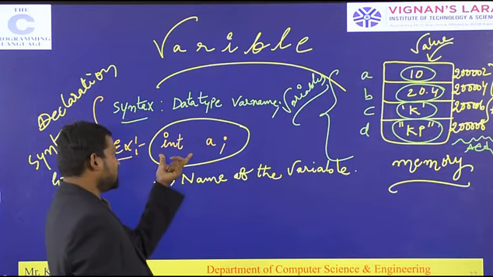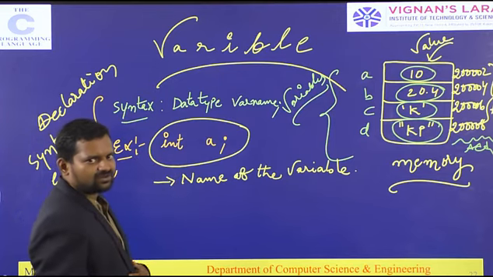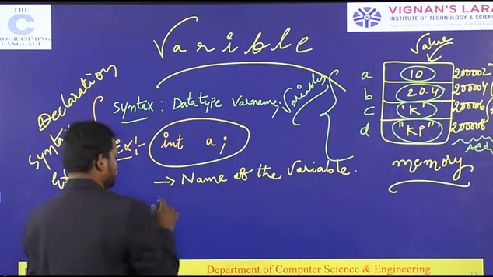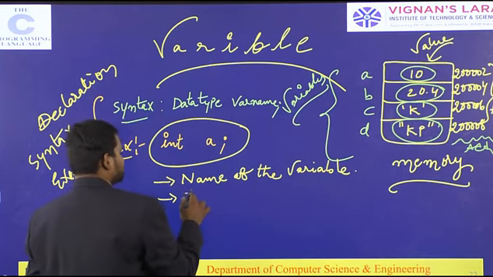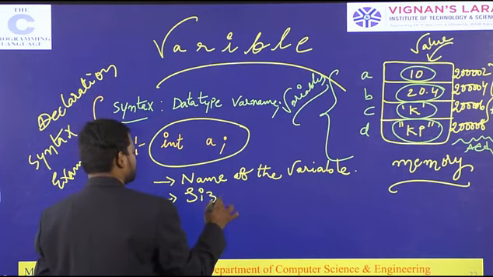First one is the name of the variable. The compiler knows what the name of the variable is: A. Then, what is the size of the variable?